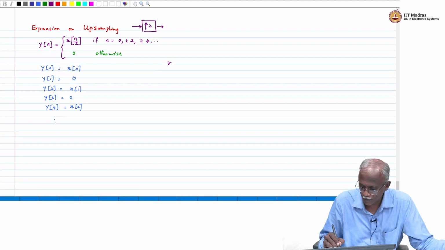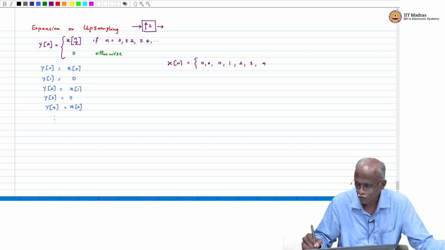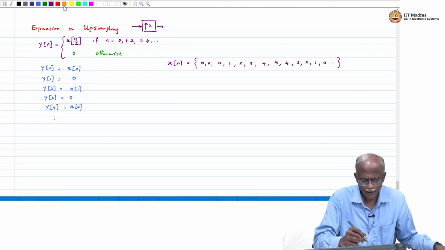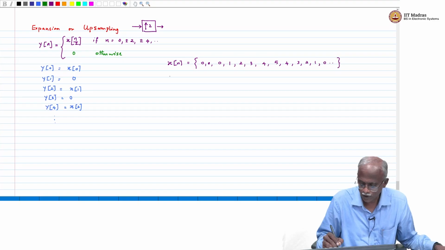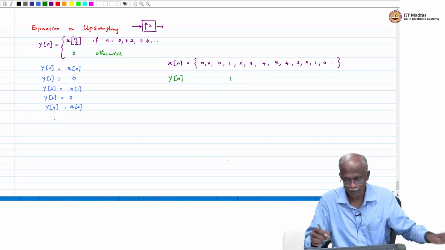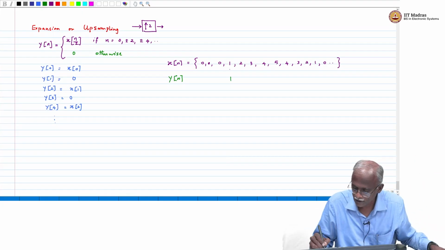So, the original sequence that we had, x of n, had many zeros and then started out with a sample 1, 2, 3, 4, 5, 4, 3, 2, 1, and then zeros. So, write down y of n. This sample was there, y of 0 is same as x of 0, by the way, this is the origin.